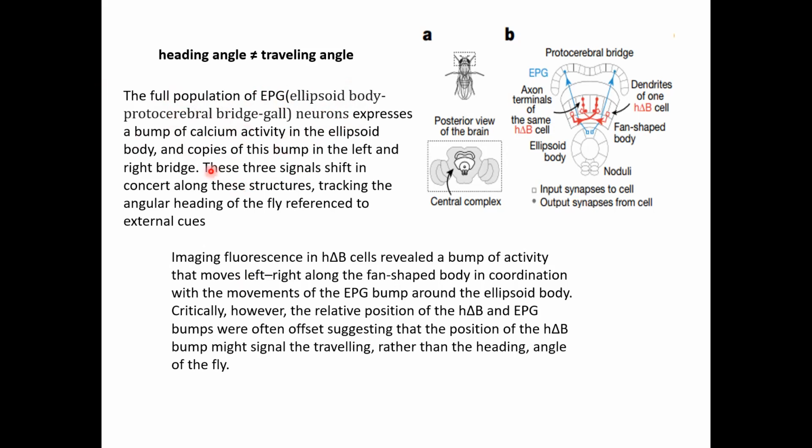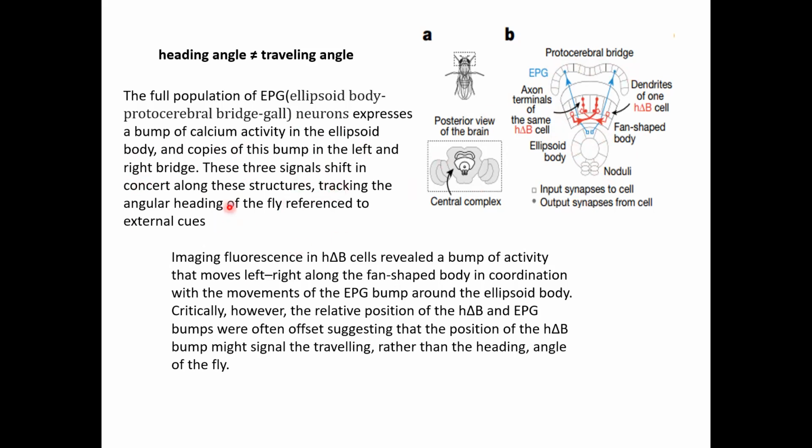What they see is a bump of calcium activity in the ellipsoid body, and copies of this bump in the left and right bridge. So this is the ellipsoid body, left bridge, right bridge.